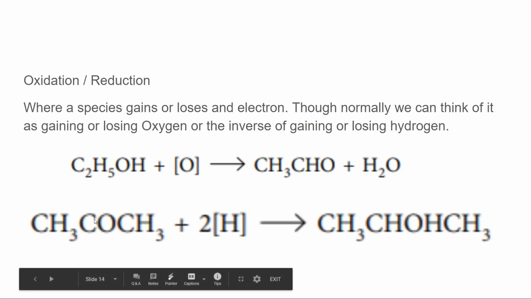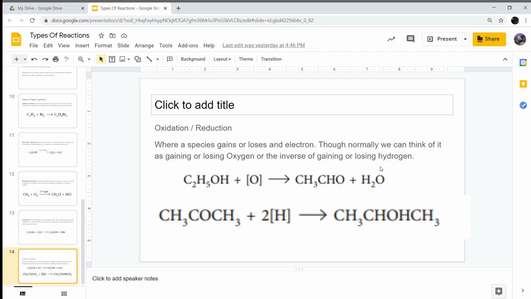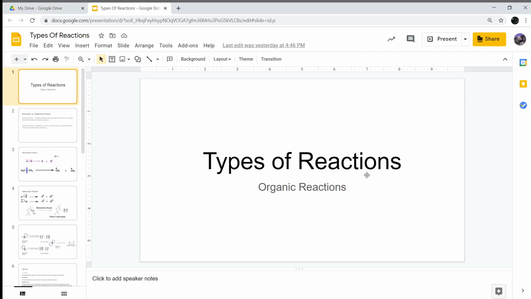Whereas here, this carbon right here is the one that's oxidized because it was double bonded to this carbon. Now it's only single bonded to this. This one's double bonded to this oxygen. Now it's only single bonded to the oxygen, and it has a hydrogen, which has a different electronegativity, so it feels better about sharing it right there. This is going to close us out for our types of reactions.